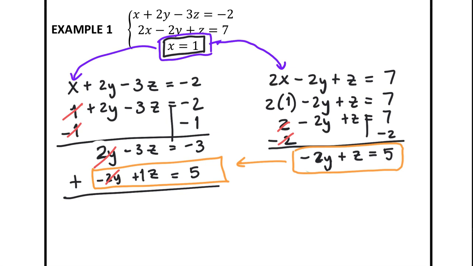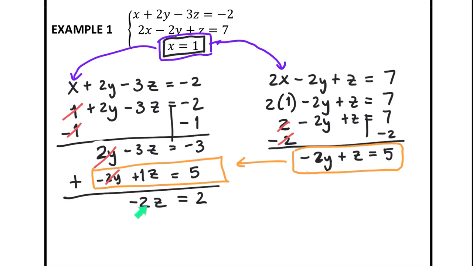There's a 1 in front of the z, right? So what's negative 3 plus 1? Negative 2z equals, what's negative 3 plus 5? It's going to be a positive 2.